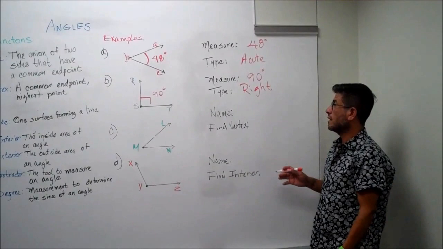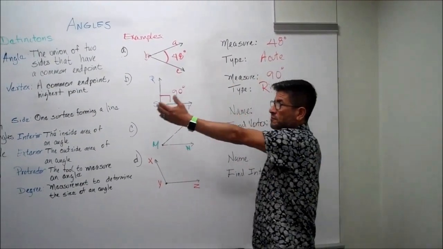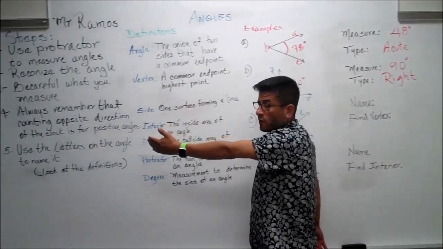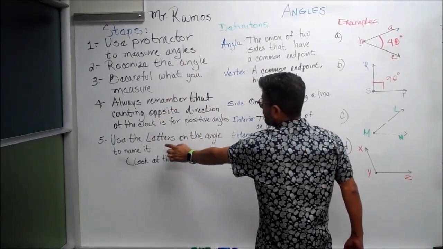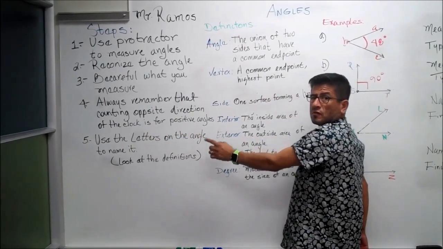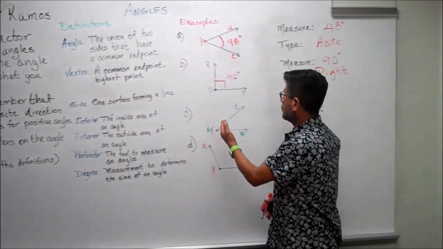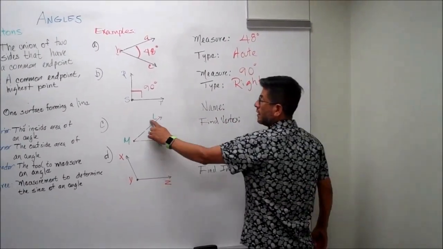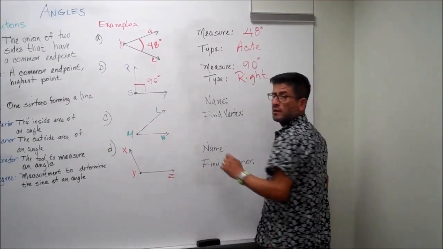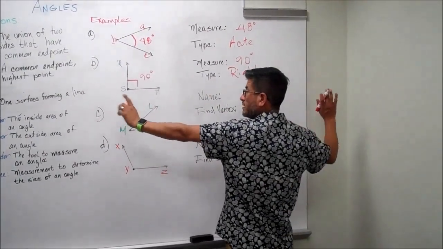Now let's go to the next one. The next one is asking us to name the angle. If you look at your steps, on our other steps, it's telling us number 5, to use the letters on the angle to name it. Look at your angle right here, and this is what we have. We have L, M, N, and that's the way you read it, from left to right.